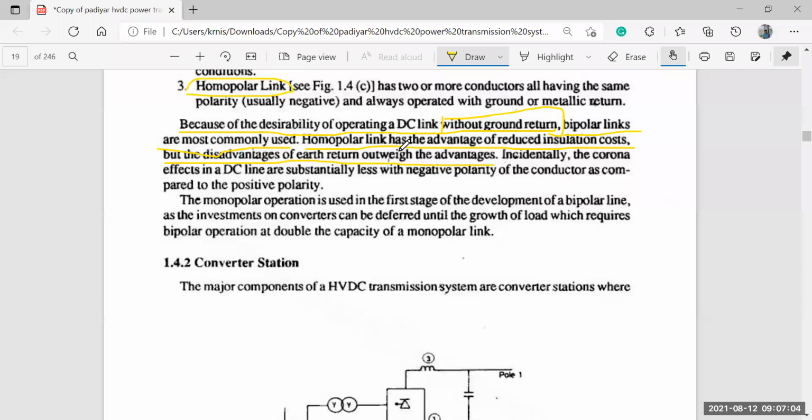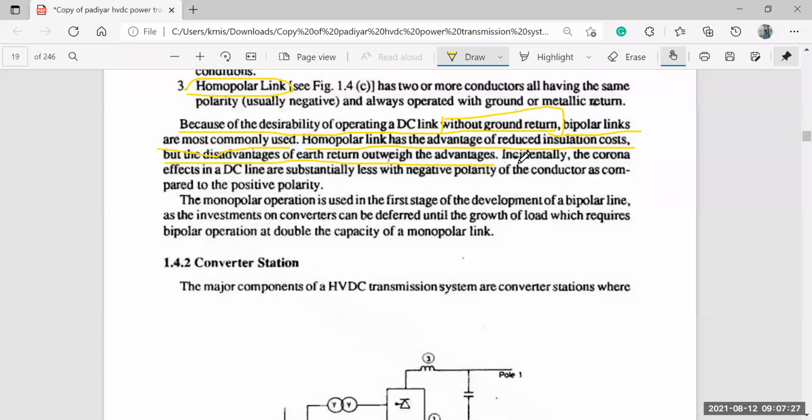Even so, if any background is available, less than 50% of the power could be transferred, leaving that part aside. The earth return outweighs every advantage it has.